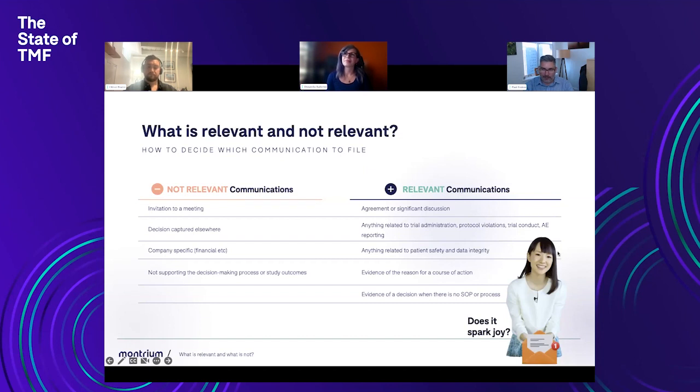Absolutely, if an email contains evidence, it needs to be filed, but sometimes decisions can also be captured elsewhere. And in fact, it's better for decisions to be captured elsewhere, potentially in another system like a CTMS, or in documents that exist in the trial master file. Having less email is always better. So if we can capture it elsewhere, we should.